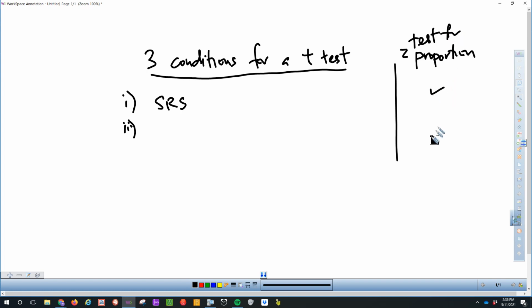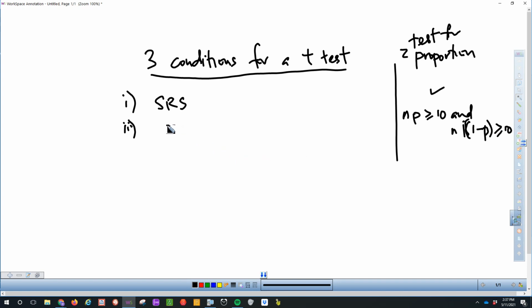Same thing for SRS. Now the normality rule is n times p greater than or equal to 10, and n times (1 minus p) greater than or equal to 10.